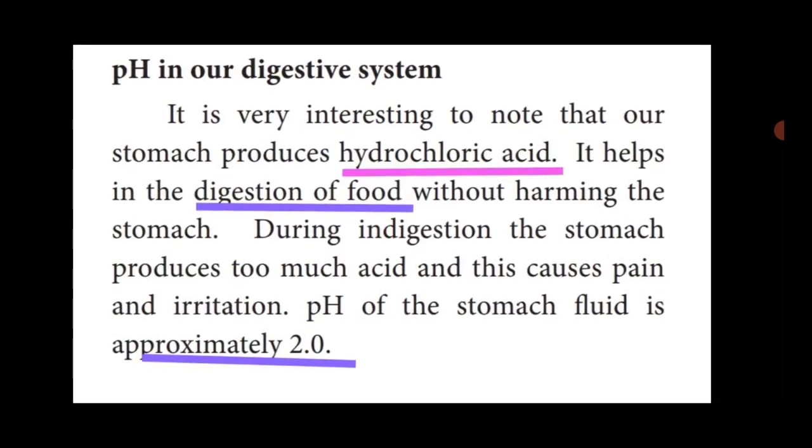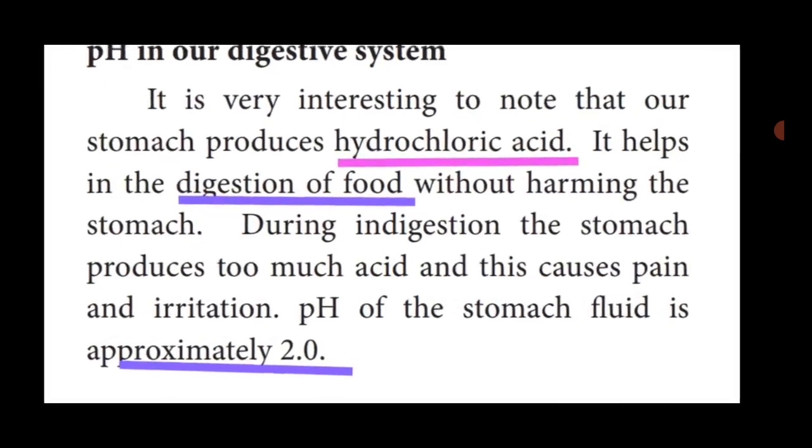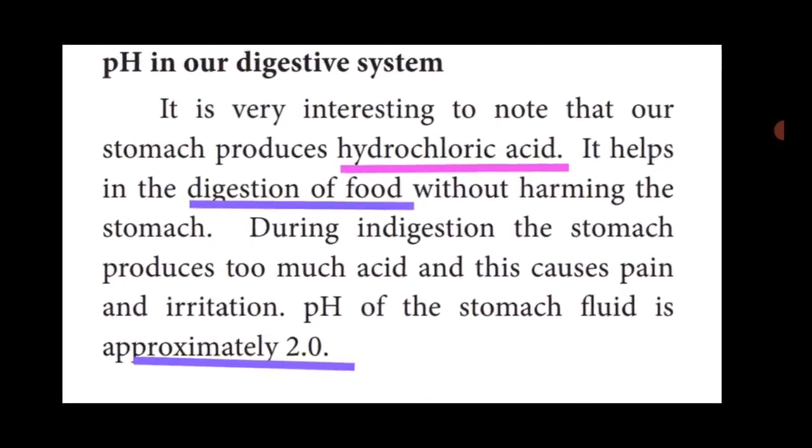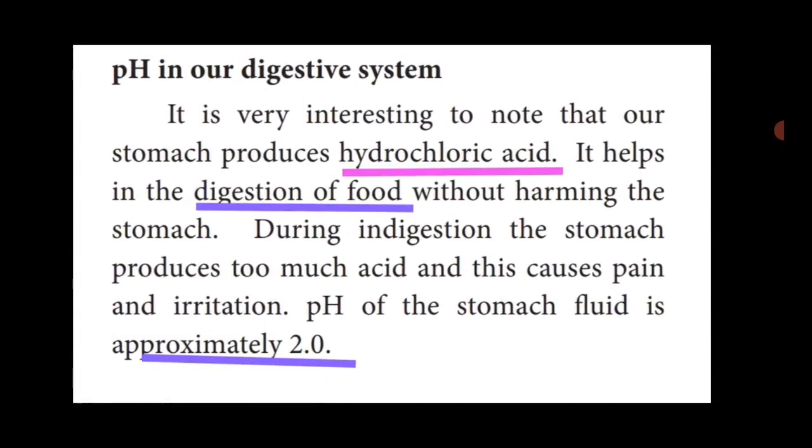During digestion, the stomach produces too much acid. This causes pain and irritation. The stomach contains excess acid, so that is called acidity. The pH of stomach fluid is approximately 2.0.